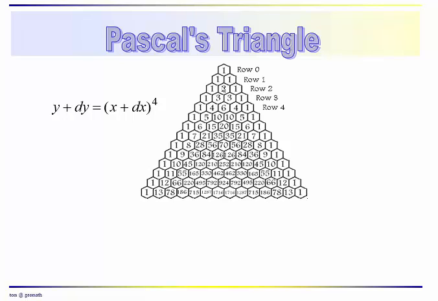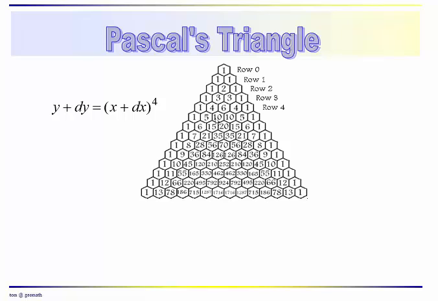The 3 comes from the addition of these two overlying numbers, and we get a 3 again by summing 2 plus 1, and so on down through the triangle. So 1 plus 3 is equal to 4, 3 plus 3 is equal to 6, 3 plus 1 is equal to 4, and so on.